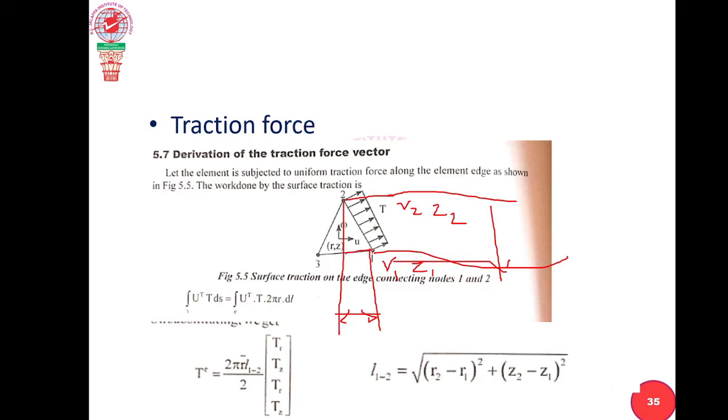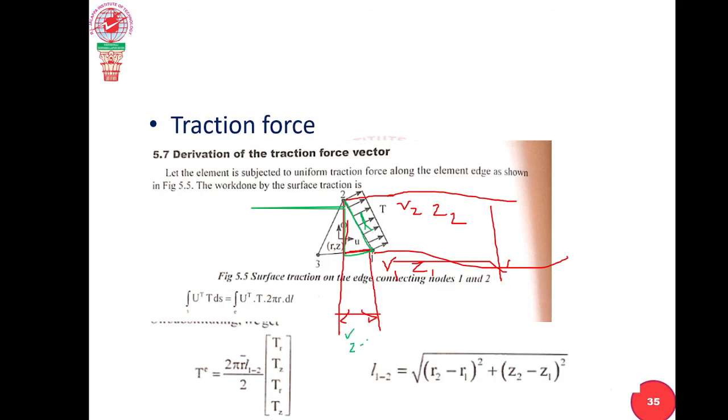A triangle forms here, a right angle triangle. You can observe here, it becomes a right angle triangle, no? Let me call this edge length L. Therefore, what does L become? This length square plus this square, whole root. What is this distance?